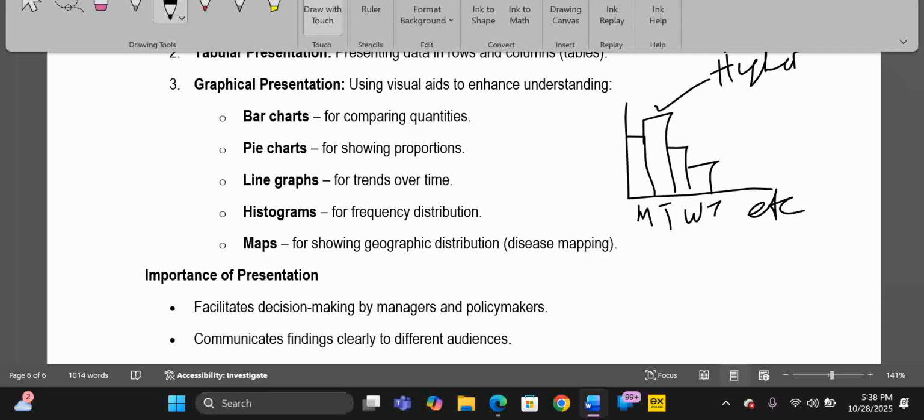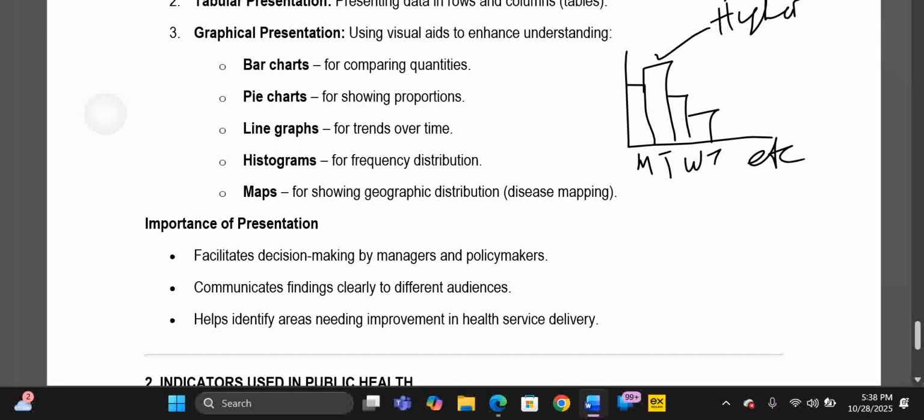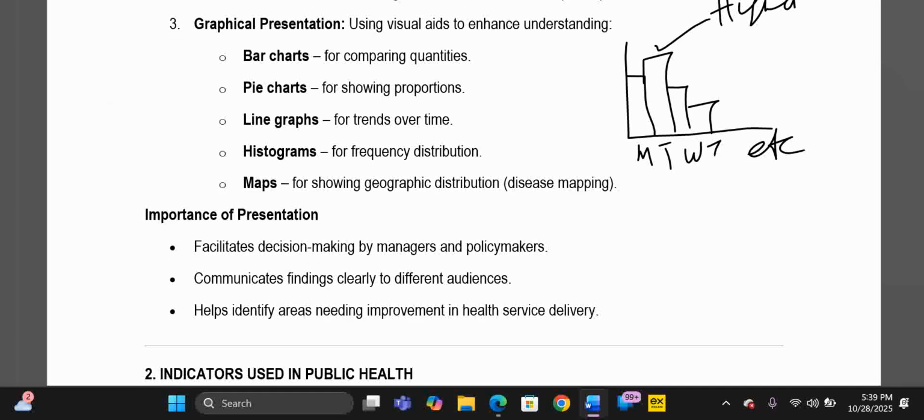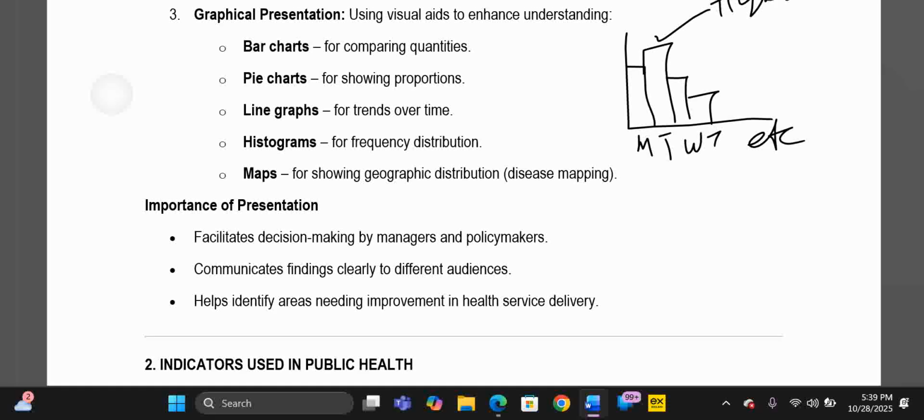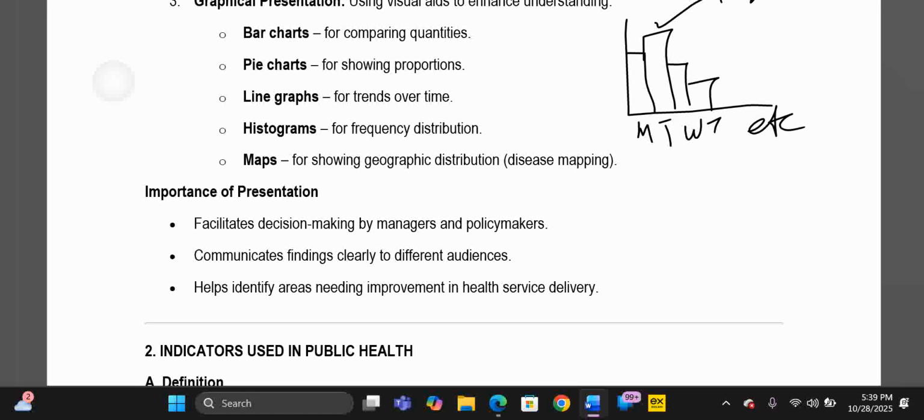So the next thing we have is pie charts. Pie charts are used for showing proportions. This is strictly for percentages. Line graphs are for trends over time, when you compare trends against time. And then histograms for frequency distribution.